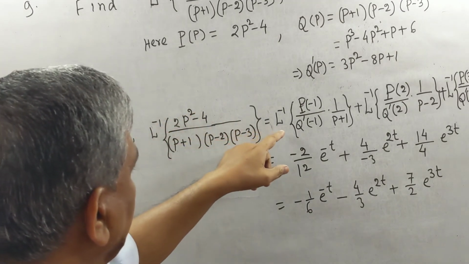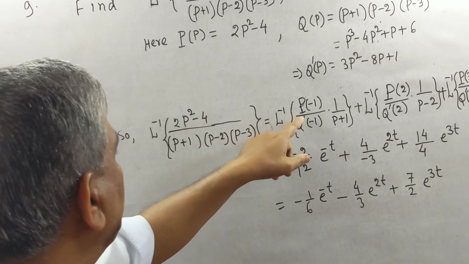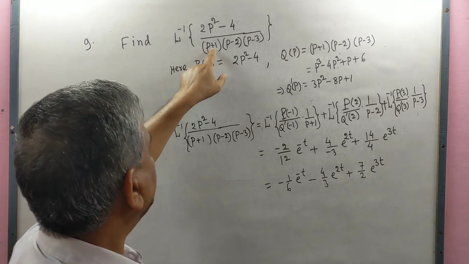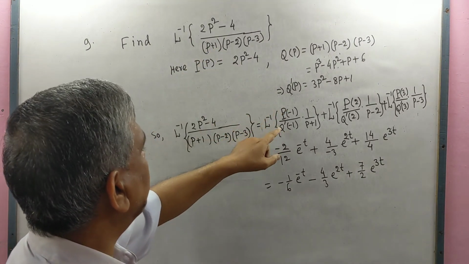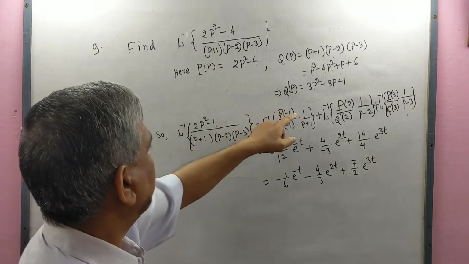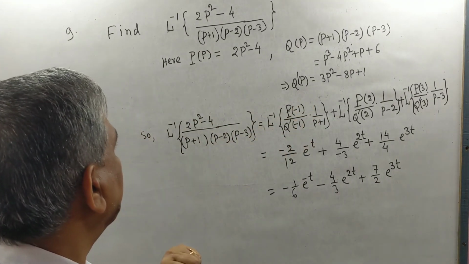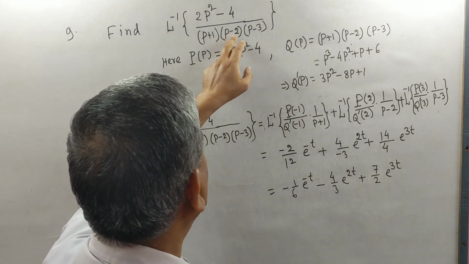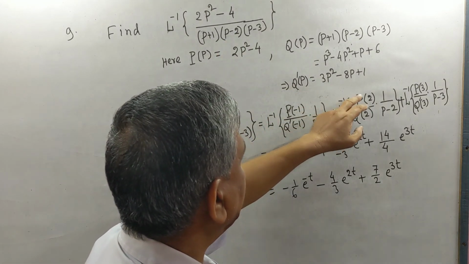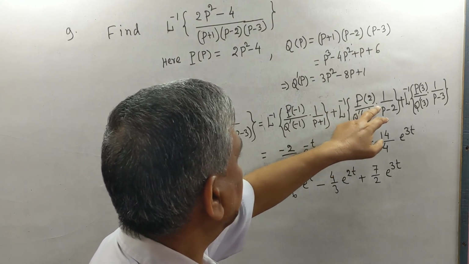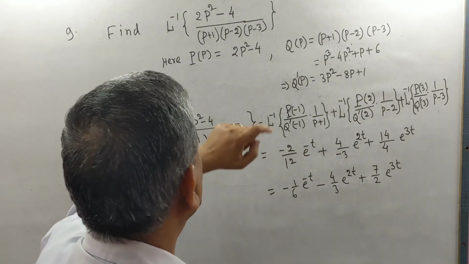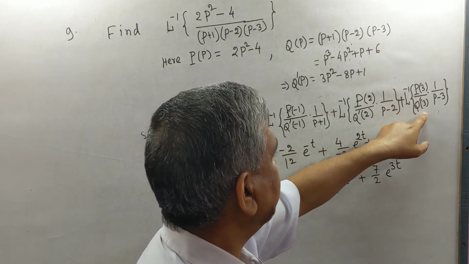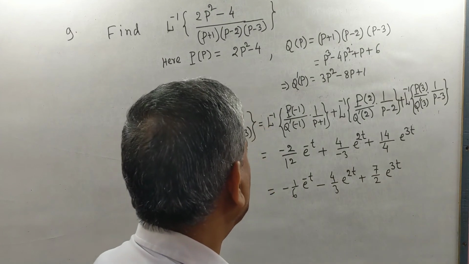This will be L inverse individually: first, P equal to minus 1, P(minus 1) by Q dash minus 1, into 1 by p plus 1, plus L inverse of the second, p equal to 2, capital P(2) by Q dash 2 into 1 by p minus 2. Next, p equal to 3, capital P(3) by Q dash 3 into 1 by p minus 3.